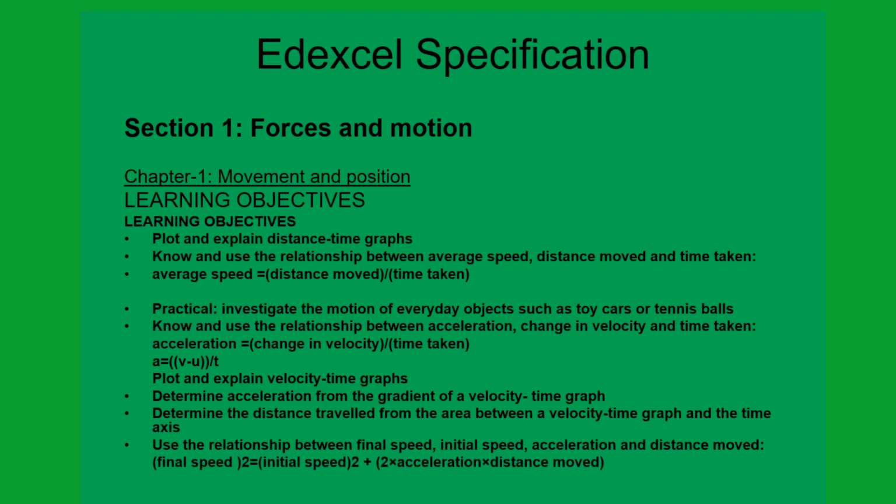So, final speed squared equal to initial speed squared plus 2 times acceleration times distance moved. So v squared equal to u squared plus 2as. Here v stands for final velocity, u for initial velocity, a for acceleration and s for distance.